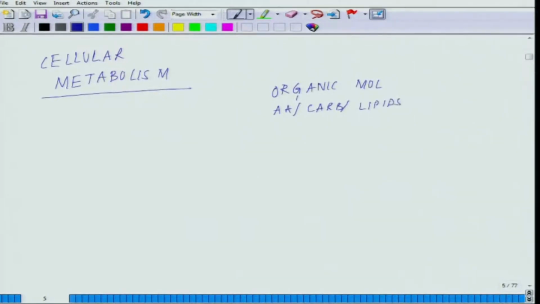These organic molecules, either via diffusion or transport, the two major modes, enter the nutrient pool of the cell. Here there are two possibilities.